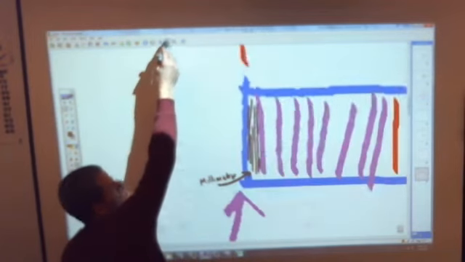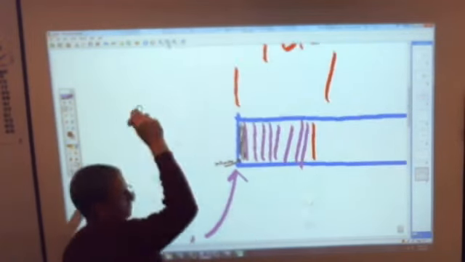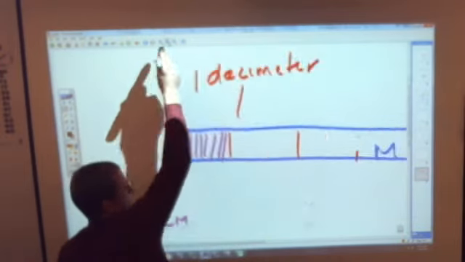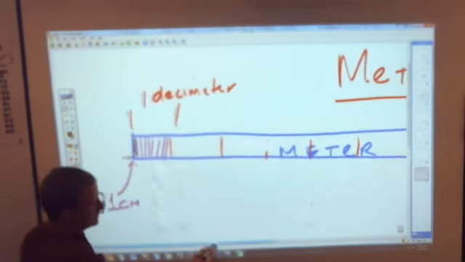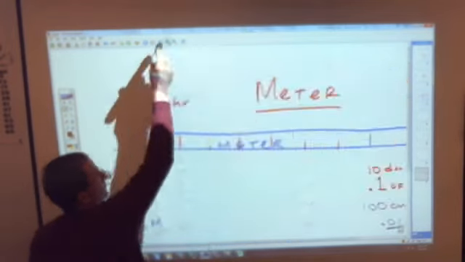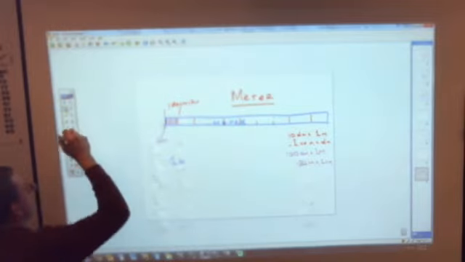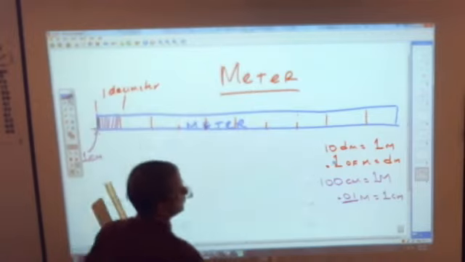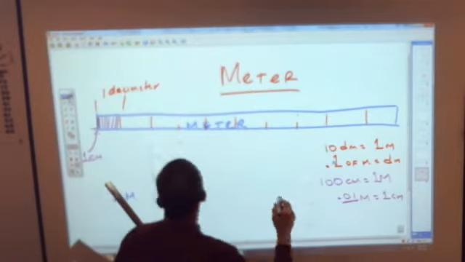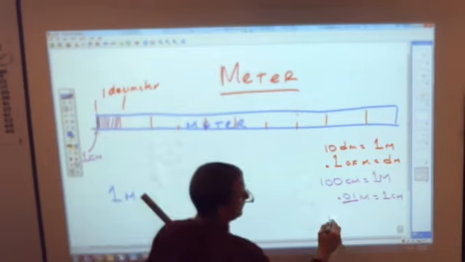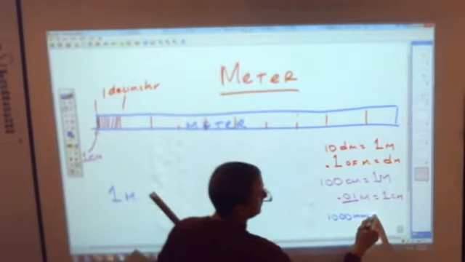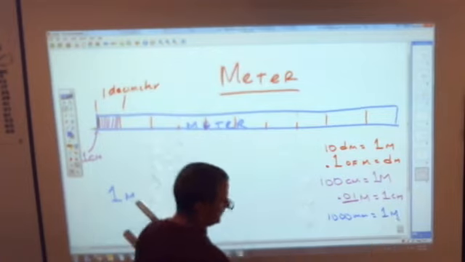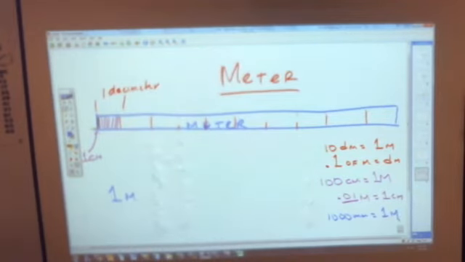Which means, how many millimeters does it take to make up this meter? 1,000. So there are 1,000 millimeters in 1 meter. We haven't talked about the thousands yet.